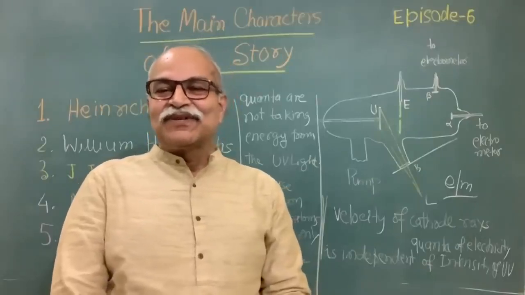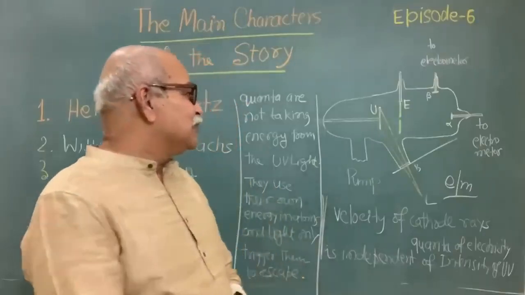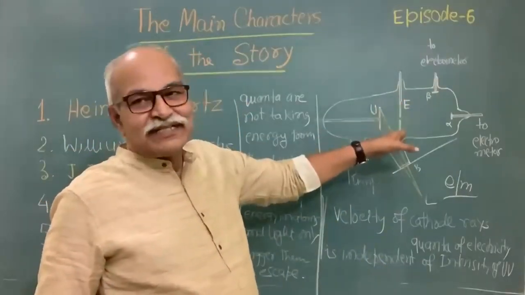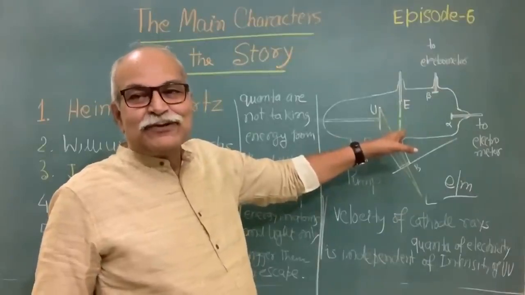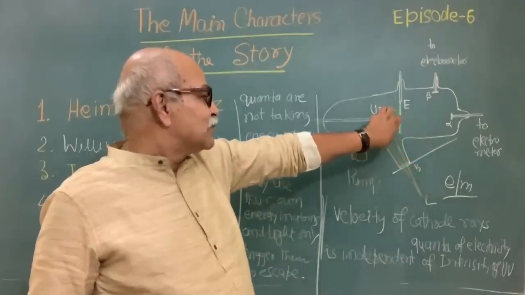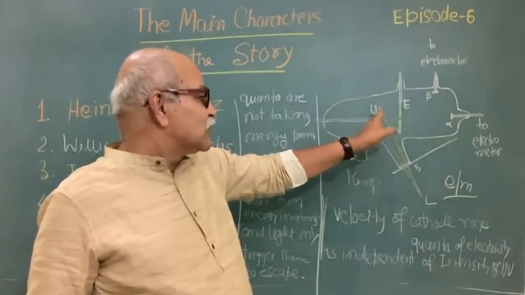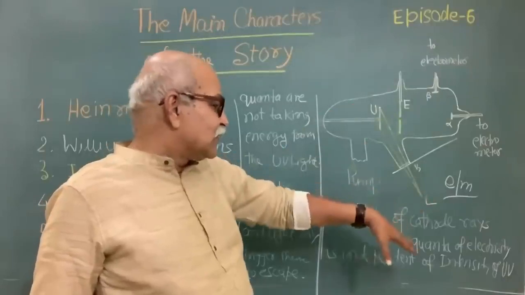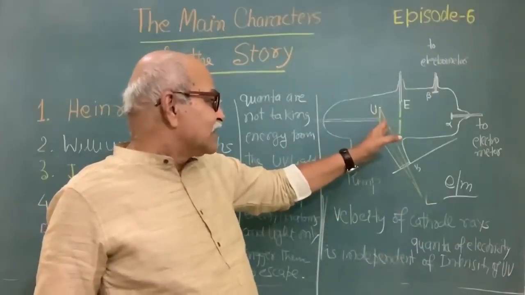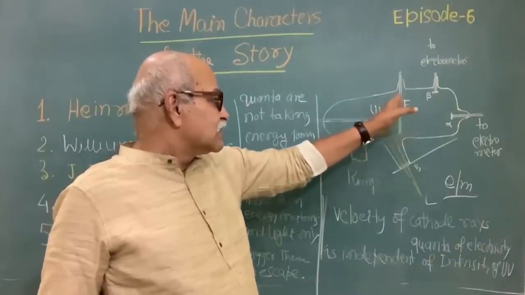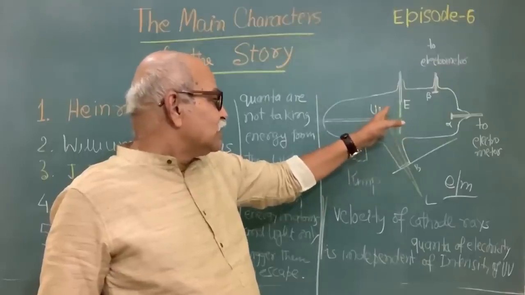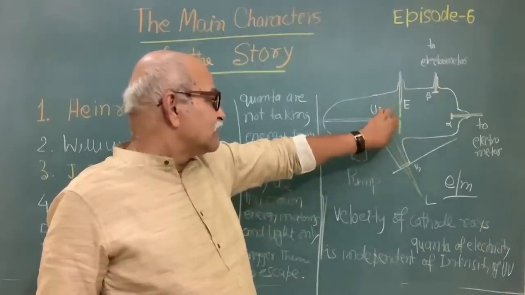Another observation is that if you increase this voltage, finally it goes to a saturation current. That is understandable, because once these quanta, or electrons, which we call them today, come out from here, if the potential is not high, then some of them will just make a charge here and stay here.